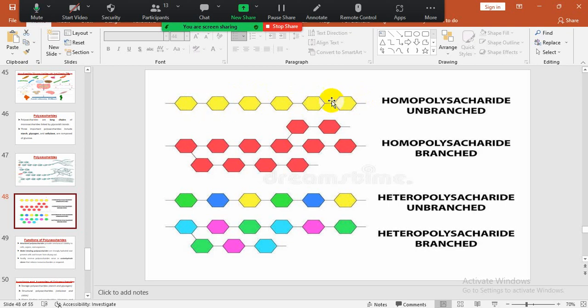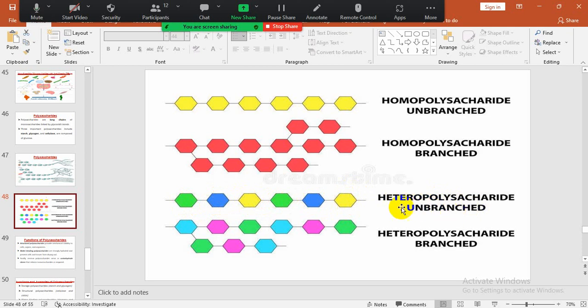When you look at them, they resemble each other. So these are the same sugars: homopolysaccharide. Another homopolysaccharide is here. But if glucose is here, fructose is here, galactose is here, and they form a long chain, they are heteropolysaccharides.